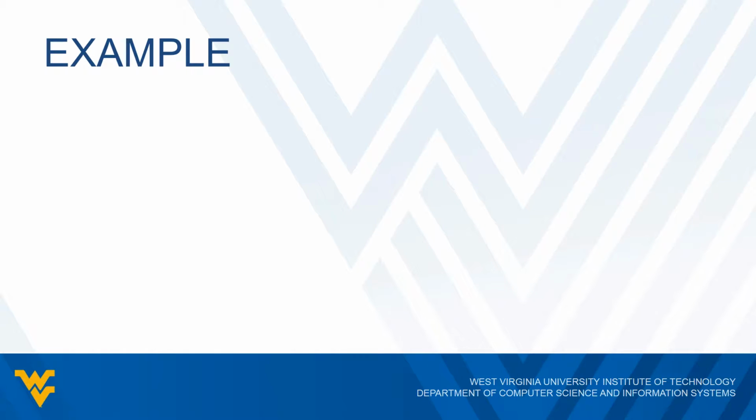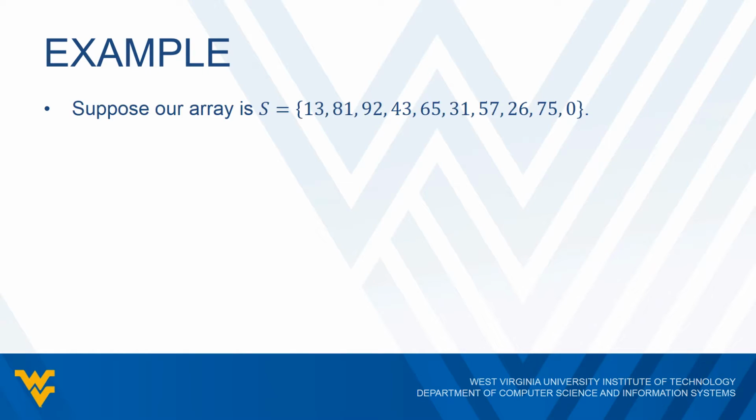Let's do an example of quicksort. So let's say our array is S, where S is going to be 13, 81, 92, 43, 65, 31, 57, 26, 75, and 0. And let's just suppose that 65 is our pivot. We're not going to worry right now how we pick the pivot. We'll get to that in just a little bit. But let's just suppose 65 is the pivot.